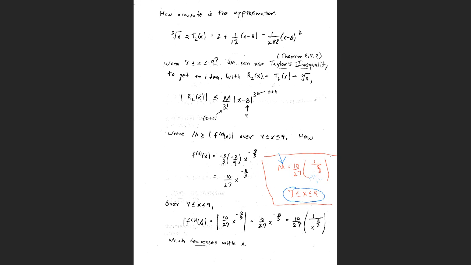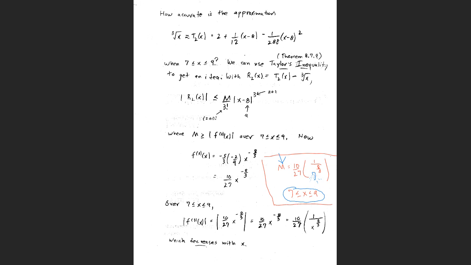Okay, I'm going to put a 7 here. Why 7? Why pick x equals 7? Why not pick x equals 9? M would be smaller.